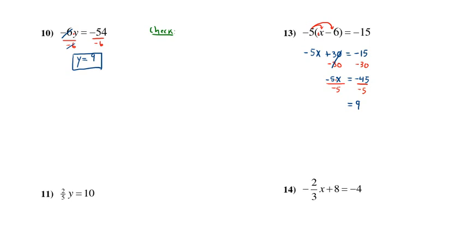And on the left side, -5 divided by -5 is simply +1x. So the answer here is x is equal to 9. That is the answer because the x is positive and it's alone. And again, I will leave the check for you to do.